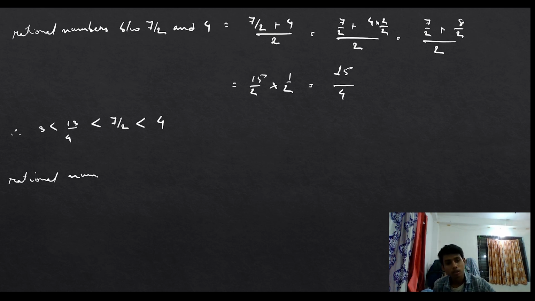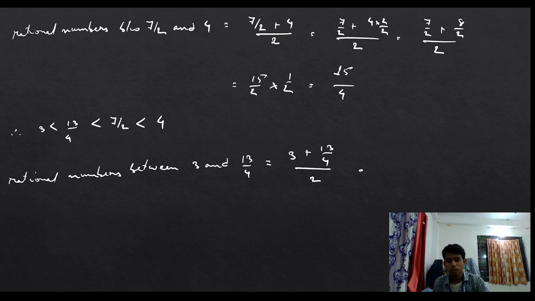Rational numbers between 3 and 13 by 4 is equal to 3 plus 13 by 4 whole divided by 2. 3 we can convert into its equivalent by multiplying 4 on both numerator and denominator.